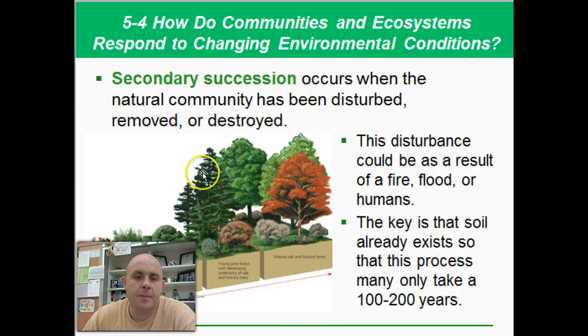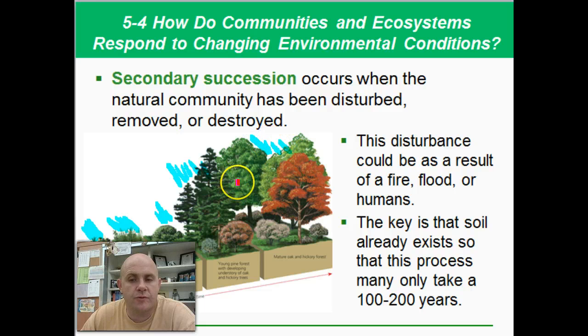Secondary succession is a similar idea, except it's jump-started because the soil is already present. We have that basic annual plant that just comes in, grows for 1 year, and then is gone, which gets replaced by perennials that can last for a longer period of time, which then turns into shrubs, which then turns into young, immature trees, and then old growth forests.